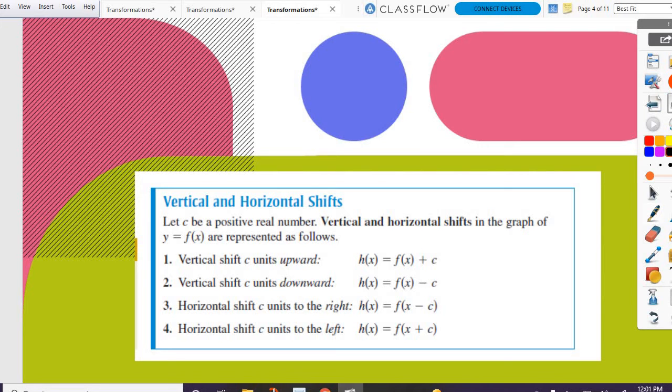So remember that if we add or subtract something on the outside of a function, okay, it's going to move it up or down. If we add or subtract something on the inside of a function, it moves it left and right. But remember that it moves it the opposite direction of your sign. Can anyone tell me why?